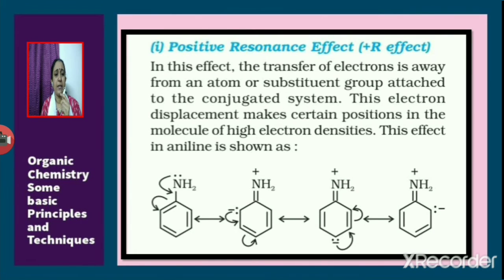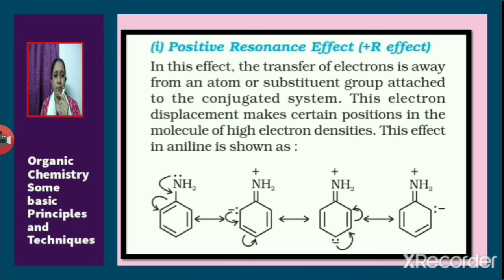What is meant by positive resonance effect, or plus R effect? In this effect, the transfer of electrons is away from an atom or substituent group attached to the conjugated system. This electron displacement makes certain positions in the molecule of high electron density. This effect in aniline is shown. So here consider aniline, C6H5NH2.